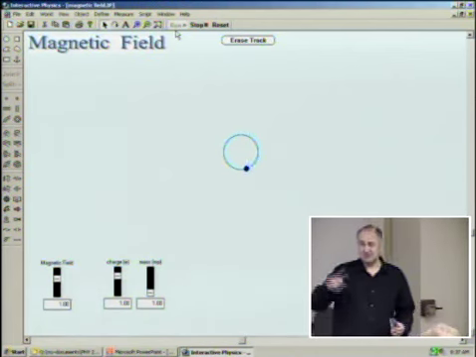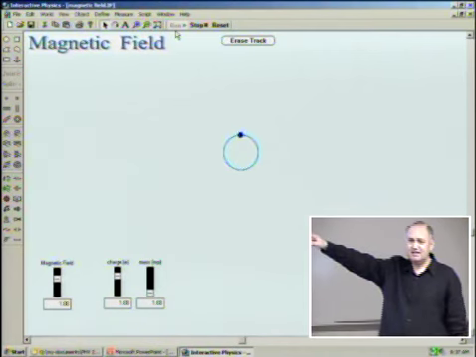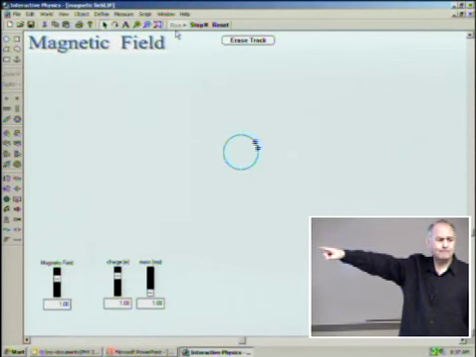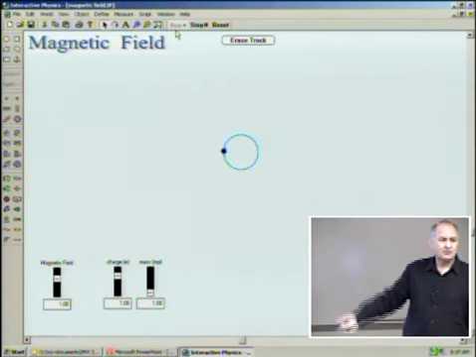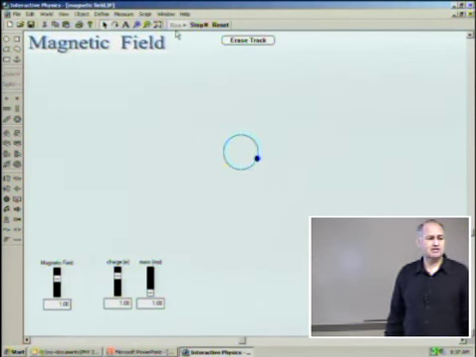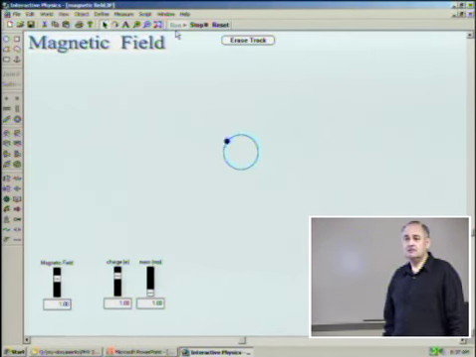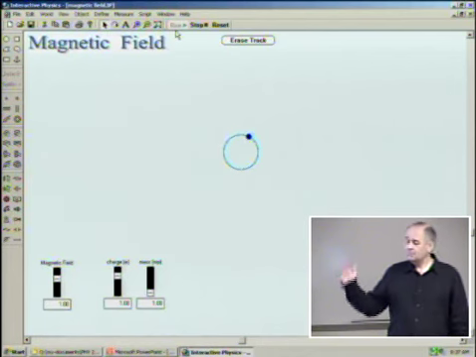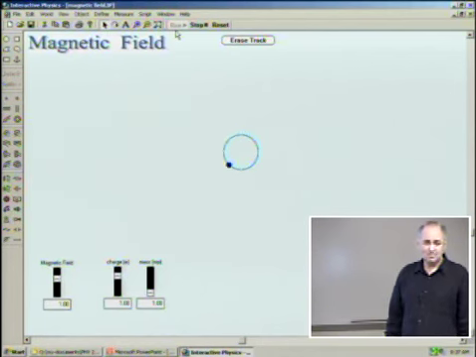How about approximately? Let's say that it's this way. Am I on the right track? The direction of the magnetic field vector. Well, you figured out that it has to be perpendicular to the plane of motion.